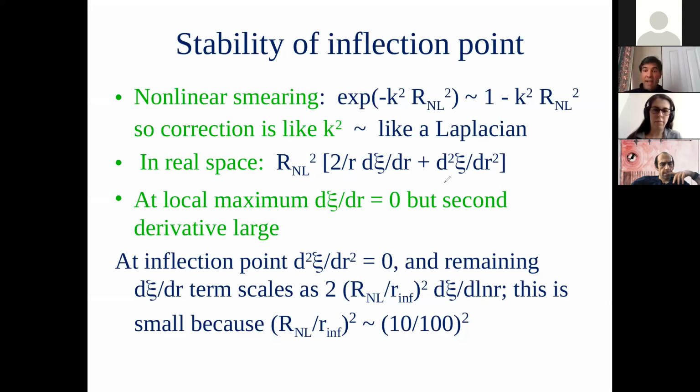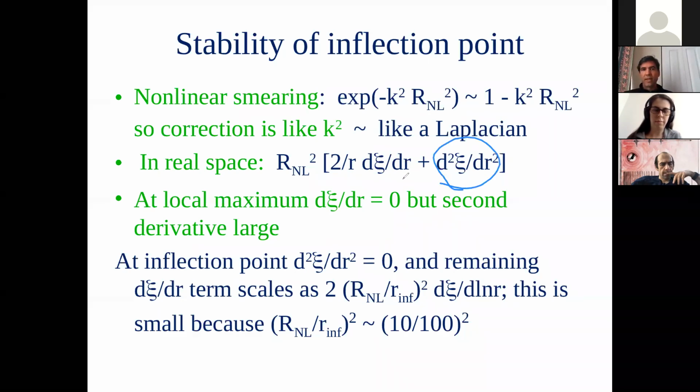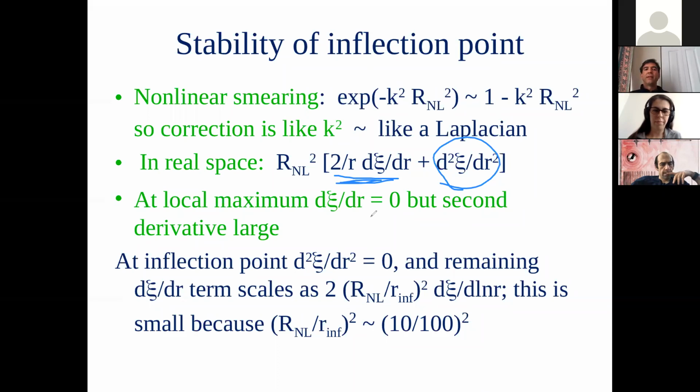At the inflection point, this term is 0. And so this is the term that survives. But if we take this term and we write it as a dimensionless thing times another dimensionless thing, you'll see that the suppression depends on how much smearing there is compared to the scale of the BAO feature, this thing squared.